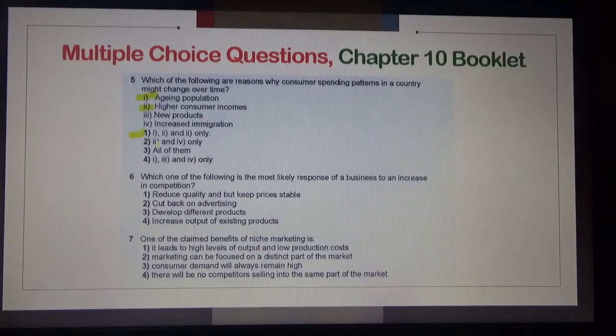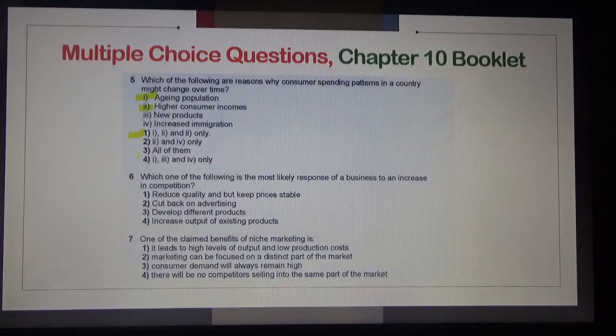Number 2, we have the second choice there, but we eliminated 2 already because it doesn't have 1, aging population. So let's go to 3, all of them. Still we have 2 here, and 4 we also have. We don't have 2 here, but let's wait. If we have 1 here, we can consider it. So we still don't have 2 here in number 4, so we eliminate number 4. So what's left with us is 1 and 3.